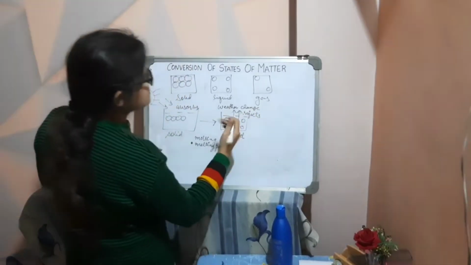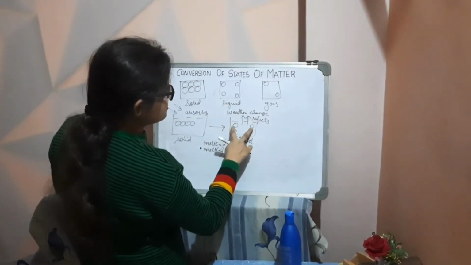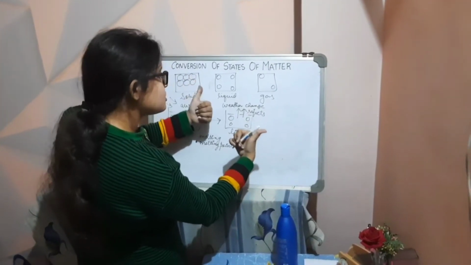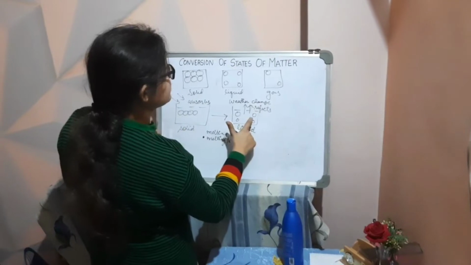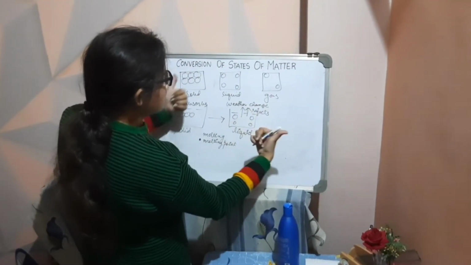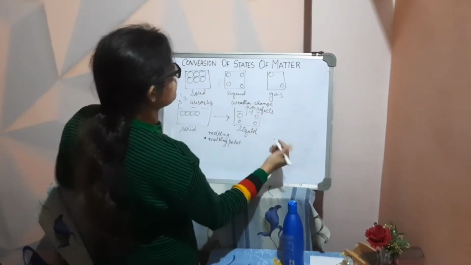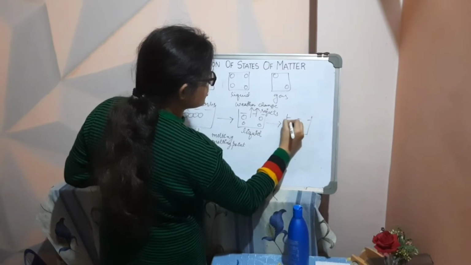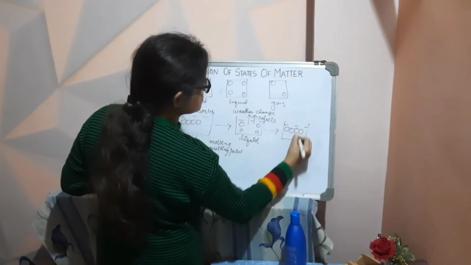Now when the oil is rejecting heat, the molecules who were at speed initially, their speed also slows down and the force of attraction between them increases, as a result of which molecules start moving close to each other. The state gets converted to this. Here the molecules are again close to each other.